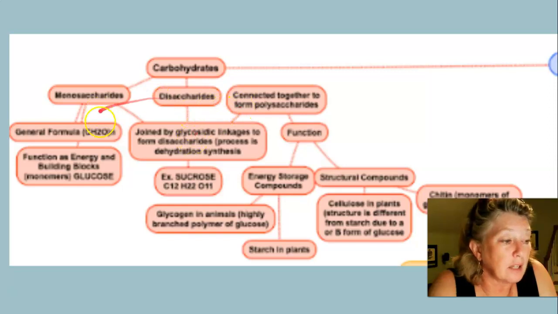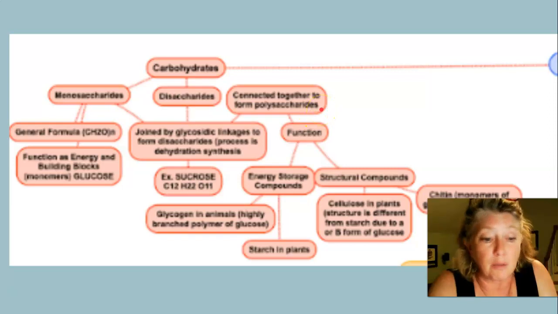The disaccharides and monosaccharides, of course, get connected together to form polysaccharides, poly meaning many. The function of these is going to be energy storage compounds. You do need to know that glycogen is what animals make.